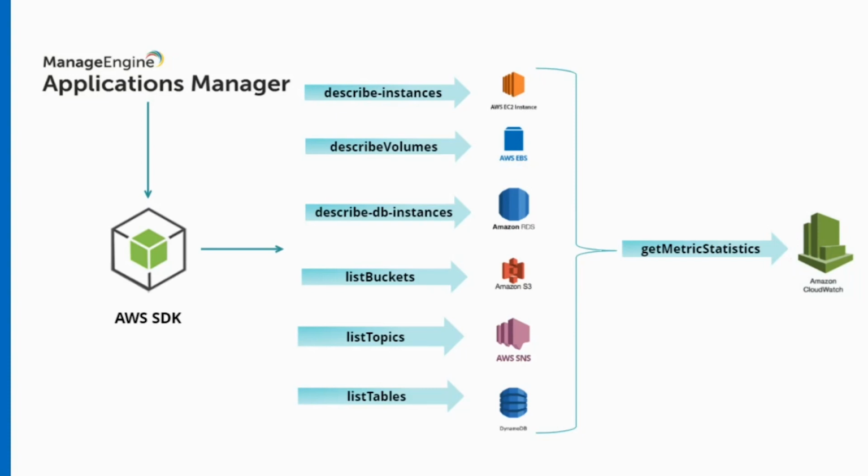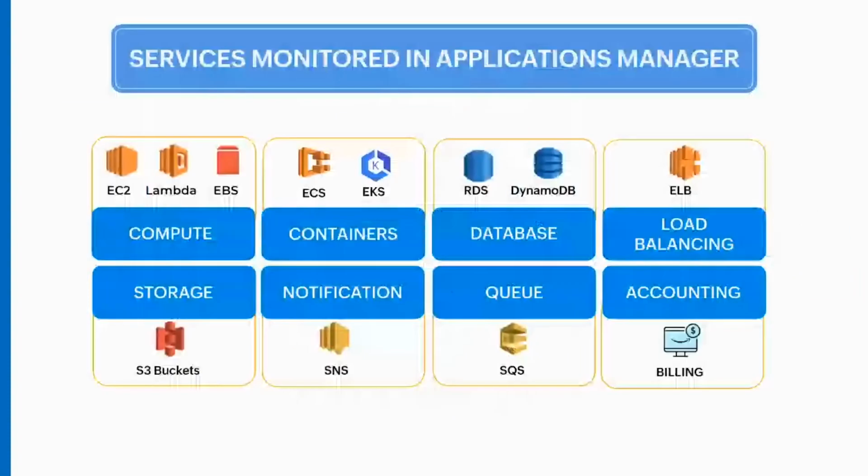Now we are going to see what services are monitored in AWS on Applications Manager. We cover most of the services hosted on AWS, and each service is categorized into the respective type. For compute, we monitor EC2, Lambda, and EBS.